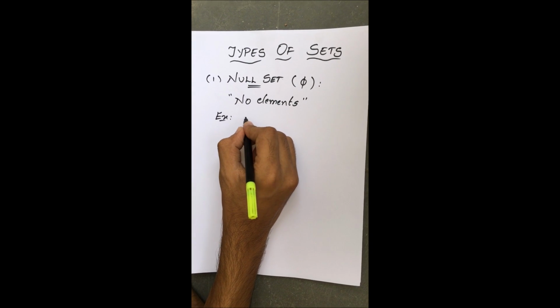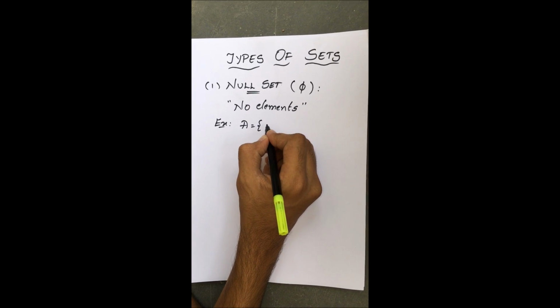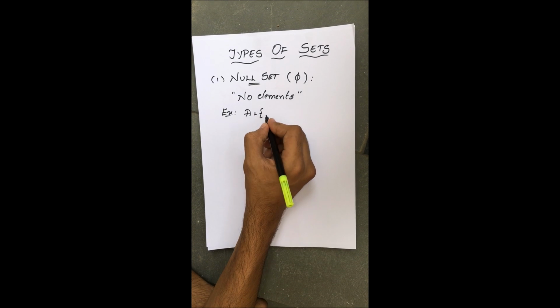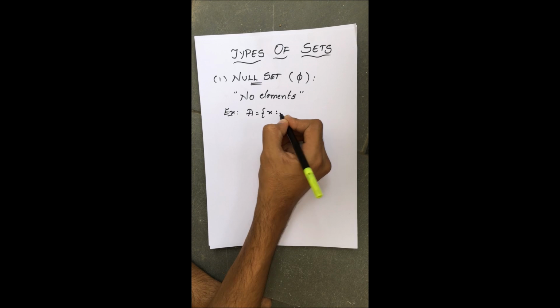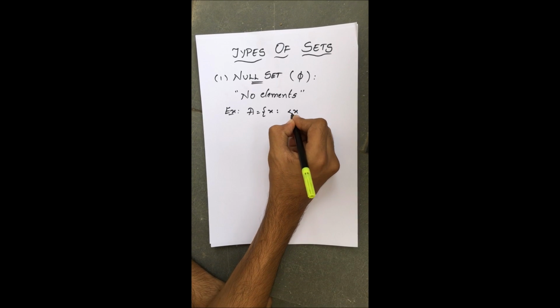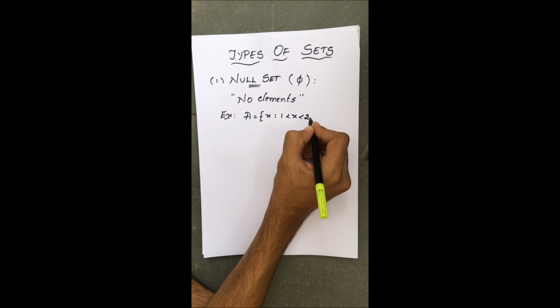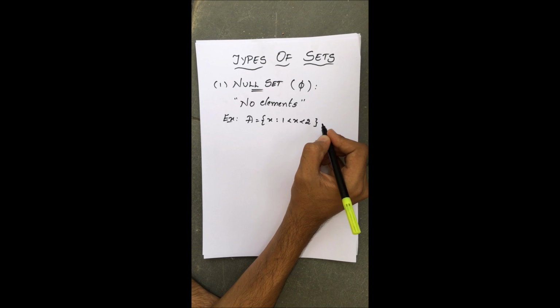Suppose I have a set A. I'll write this set in roster form, or I'll just give an example in the set builder form. I'll give an example as x such that x is an element between the numbers 1 and 2. So we see that such a set does not exist.